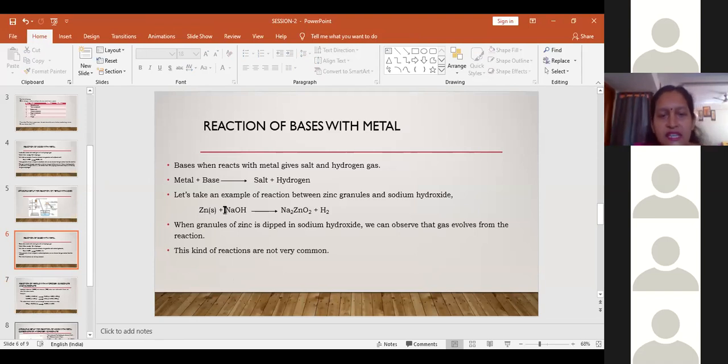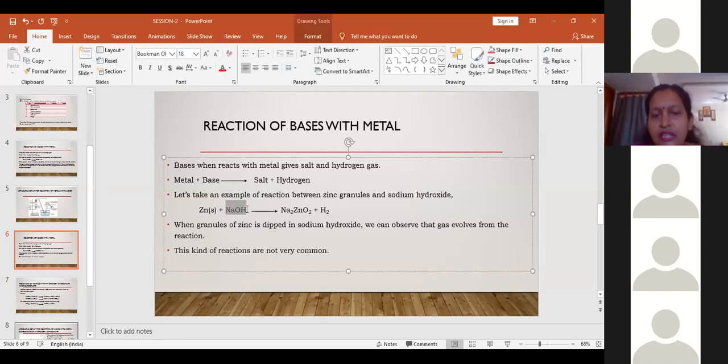Here the base that has been taken is sodium hydroxide. From the formula, if we see OH attached to any kind of element, we can easily understand that it is a base. And when bases react with metal, they also form salt and hydrogen.